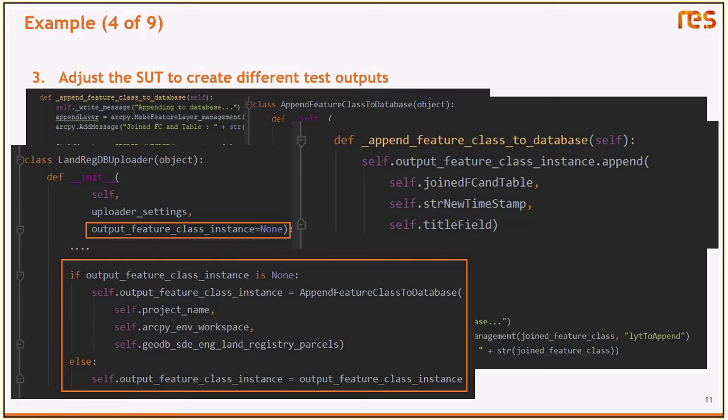So when we run the tool in the live environment, the call to the constructor will not provide this optional parameter. So we're going to create an append feature class to database instance, and then when we call this append feature class to database function, it's going to call that append function. And as the append function of this instance has the same functionality as before, it should perform the same actions as before.